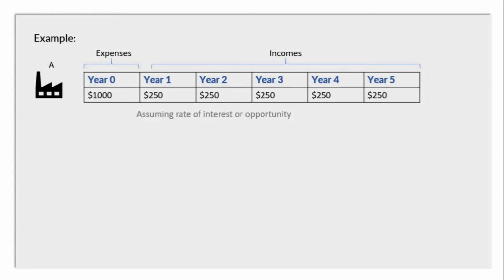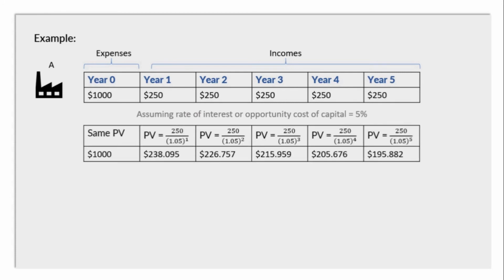So, assuming the rate of interest or opportunity cost of capital to be 5%, we can calculate the present values of each income, which gives us these present values of each income for different years at 5%. Then now we can subtract the expenses from the present value of all the incomes, which will give us the net present value.